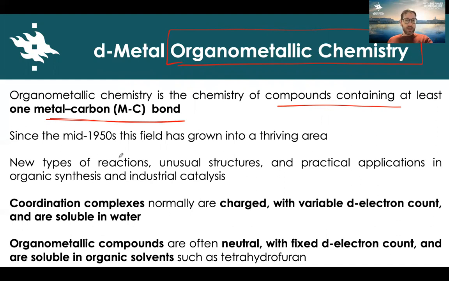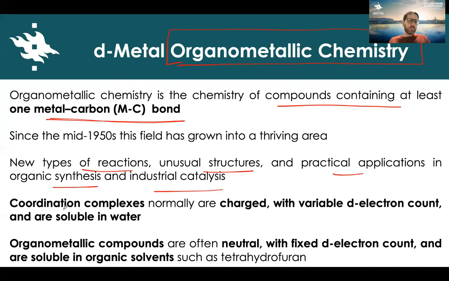Since the 1950s, this field has grown into a very thriving area, because these complexes enable the discovery of new types of reactions, unusual structures, and several practical applications in organic synthesis and also industrial catalysis.